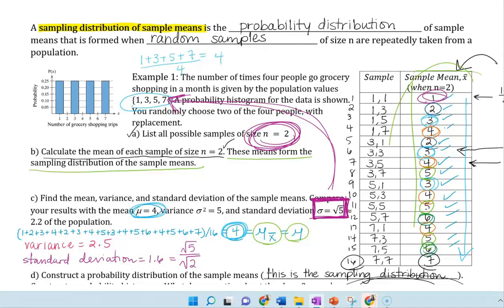So what we have just generalized is that the standard deviation of the sample means is equal to the standard deviation of the population, just a regular sigma, divided by the square root of the sample size that you took. And the notation for this, the standard deviation of the sample means, is sigma sub x bar.